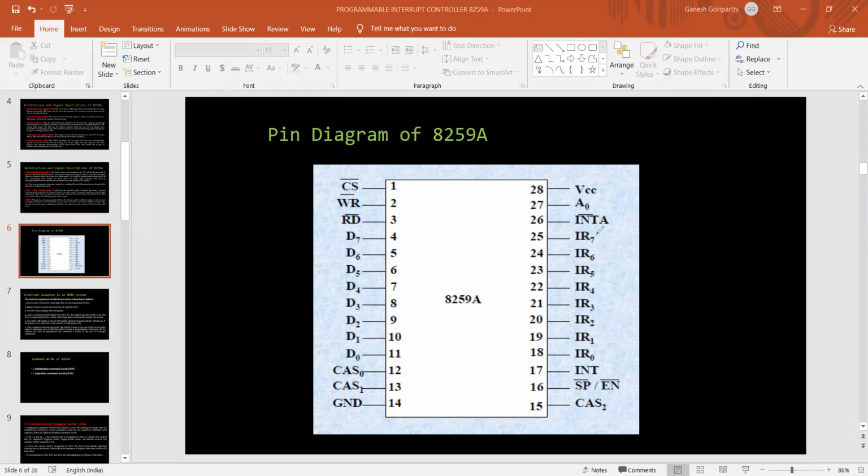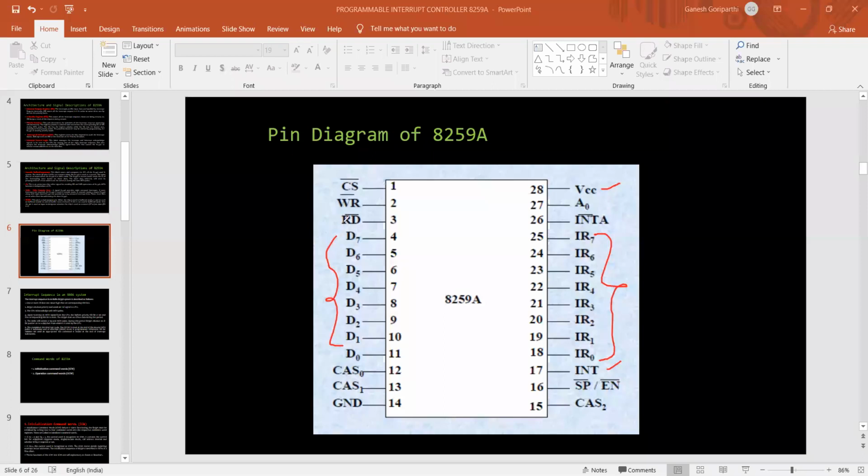These pins collect the interrupt requests from the different peripheral devices that are connected. And you know what VCC is: the power supply pin. This is the interrupt request input pin, and these are the data buffer pins that communicate with the 8086.